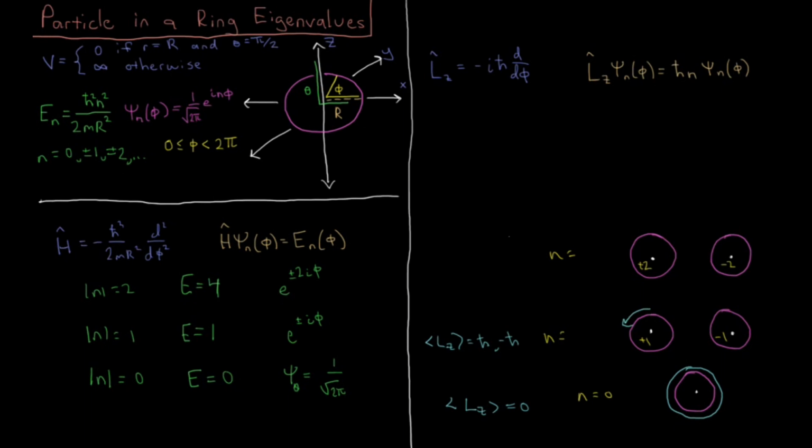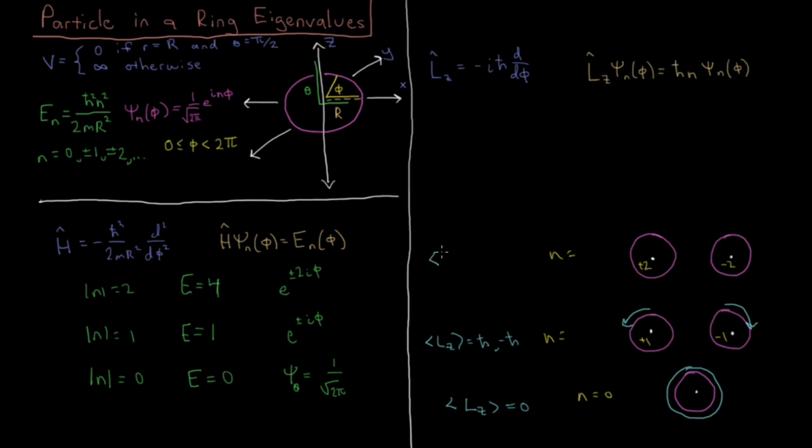If we're looking down the z-axis here, so the plus z-axis is facing towards us, then for the plus 1 state, the particle has angular momentum and it's rotating around counterclockwise. And for the minus 1 state, it has angular momentum and it's rotating around clockwise. So these states are distinguished by their eigenvalue. They have the same energy, but one is moving counterclockwise and the other is moving around clockwise.